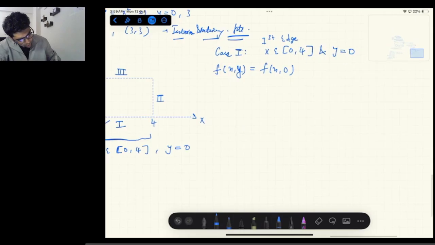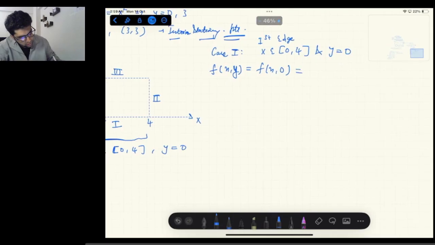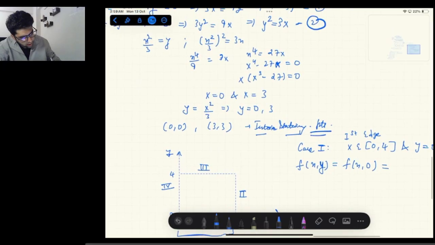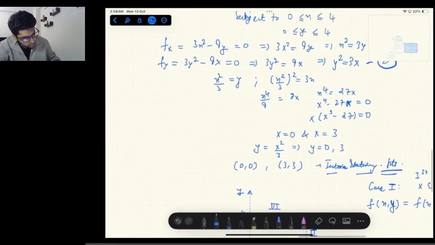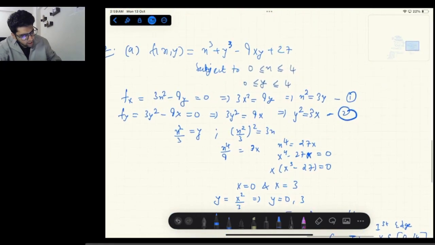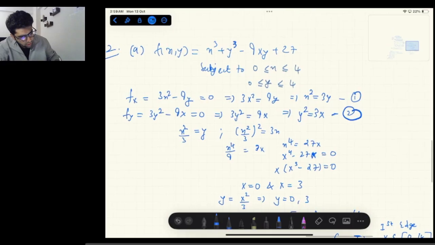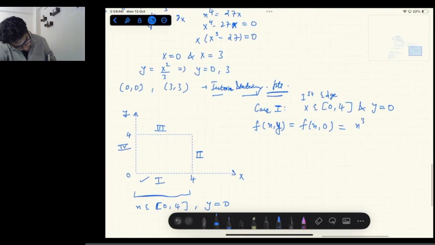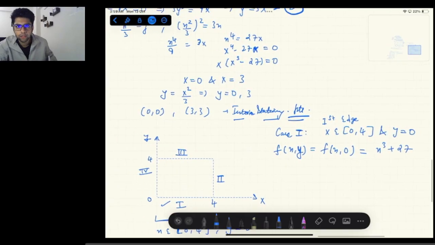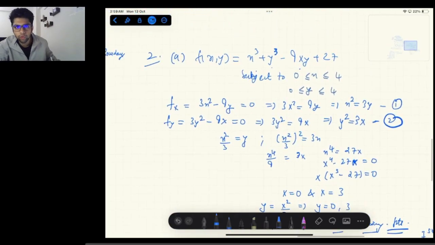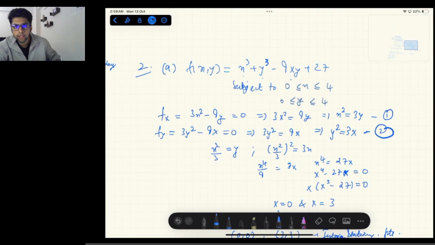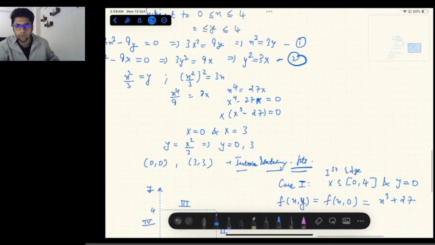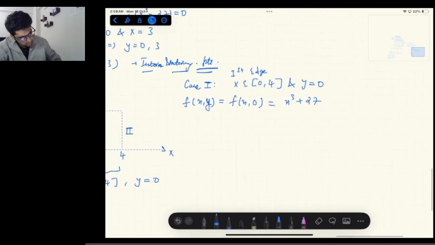If I just put in 0 in place of y and let x be x only, my function becomes x cube plus 0 minus 0 plus 27, so x cube plus 27. If I could just show you the function again, so x cube plus 27. I hope you guys saw it.